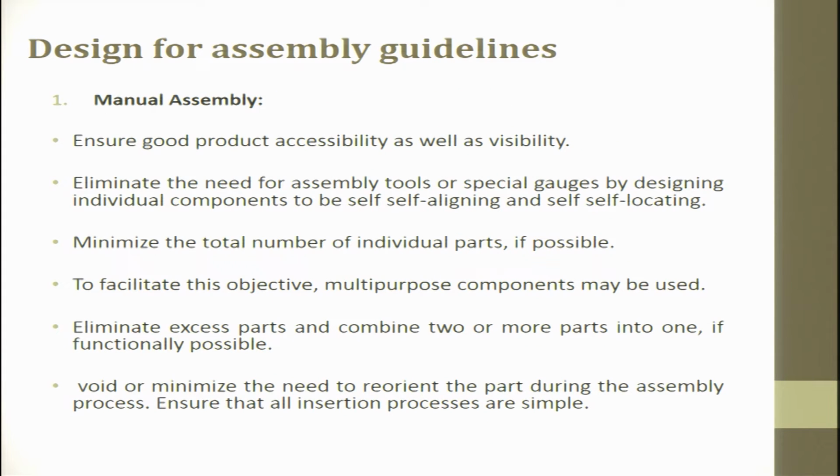So, some of the guidelines we will start discussing. When we talk about manual assembly, ensure good product accessibility as well as visibility. What we are trying to do is, you have a human, who has a left hand and a right hand. So, you try to keep the parts at a distance such that he can go pick it up and start putting it in this assembly.